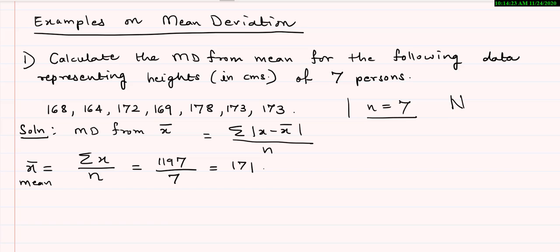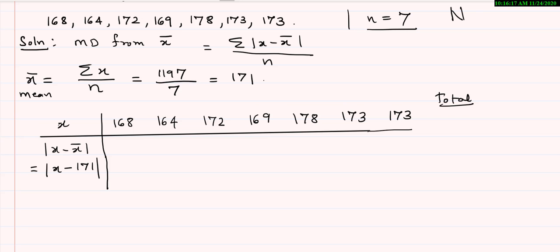Now I have to use the formula for mean deviation from x bar. For that I am going to prepare a small table over here. The table is just for the understanding of the calculation part. One can do it in different ways. Let us look at the tabular way.